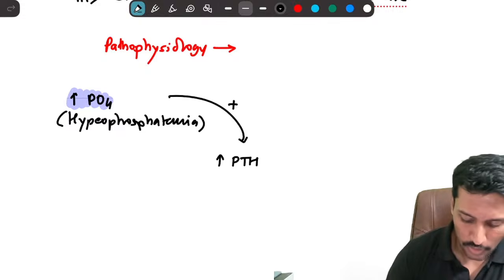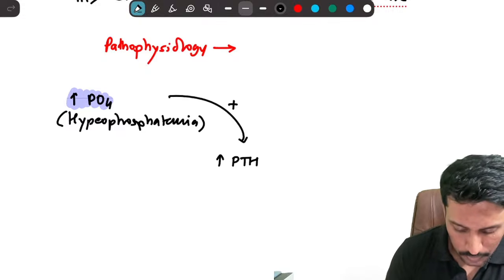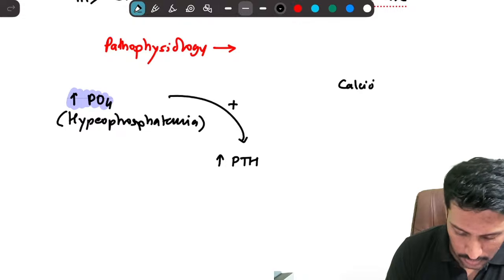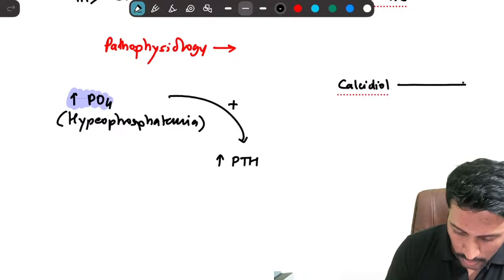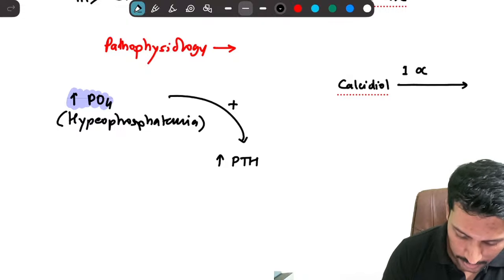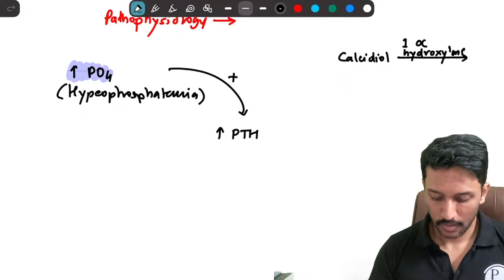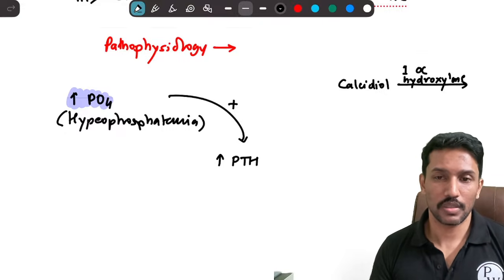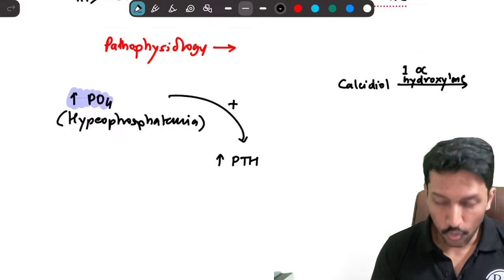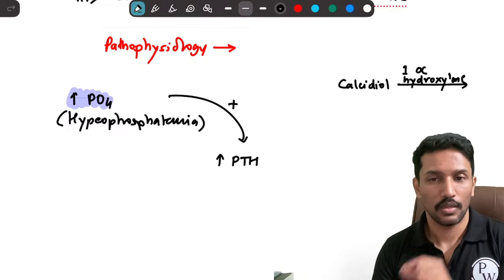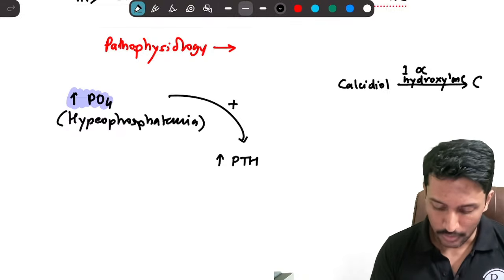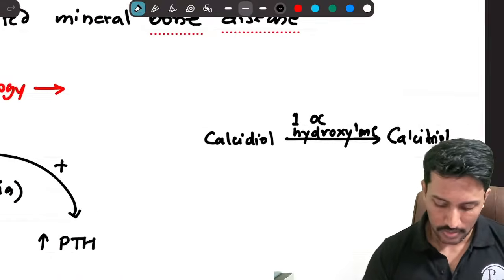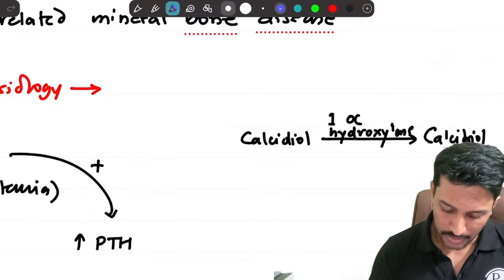Now remember, kidneys produce an enzyme called 1-alpha hydroxylase, which converts 25-hydroxycholecalciferol, or calcidiol, to 1,25-dihydroxycholecalciferol, or calcitriol. So calcitriol is the active form of vitamin D, as we know.